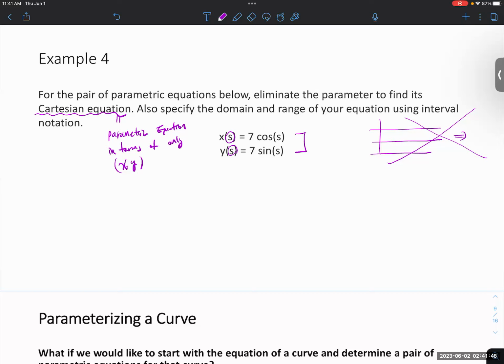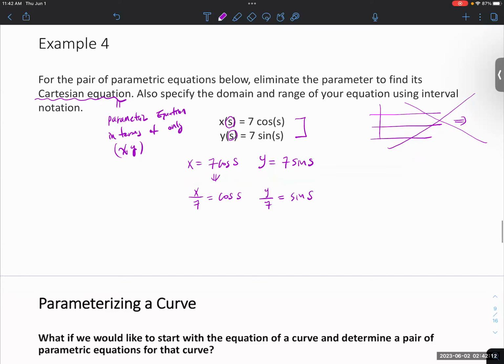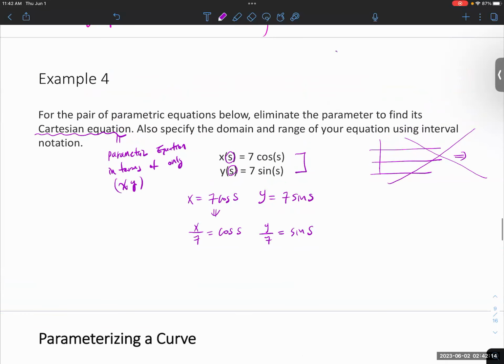So first of all, in this equation, x equals 7 cosine s, and y equals 7 sine s. You can divide by 7 on both sides. So x over 7 equals cosine s, and y over 7 equals sine s. Then we know the identity: sine squared plus cosine squared is 1.